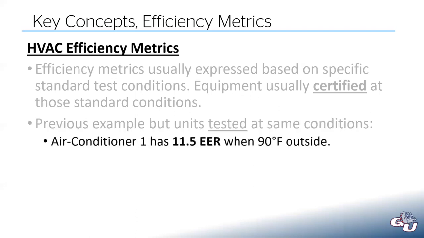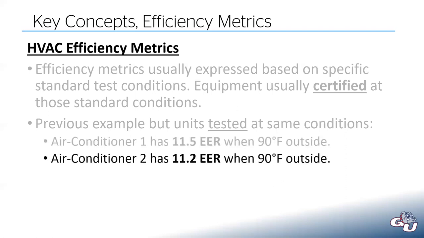Air conditioner 1, same efficiency, 11.5 EER when it's 90 degrees outside. But that second unit, now we've expressed the efficiency at a higher outside air temperature, and now the efficiency has dropped. And so now you can see, well, air conditioner 1, that is the more efficient option in this case.